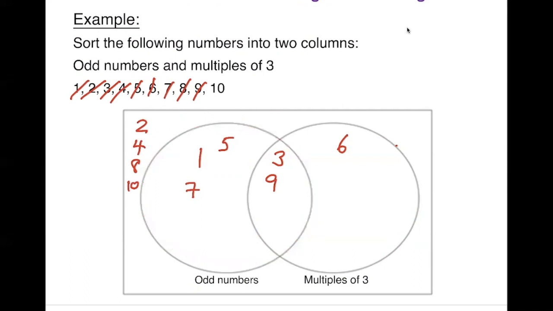Inside the set, which is multiples of 3, we've got 3, 6, and 9. And then we've also got this intersection here where these are numbers which are both odd and multiples of 3. And then this set here, these are numbers which are not odd and are not multiples of 3.